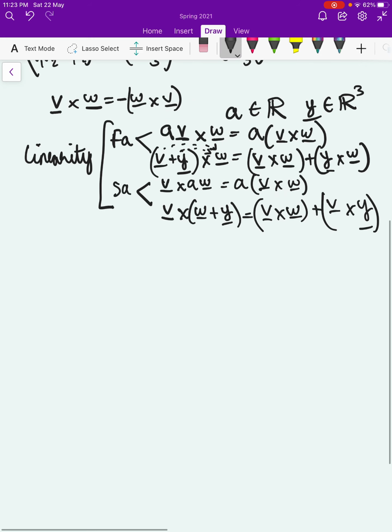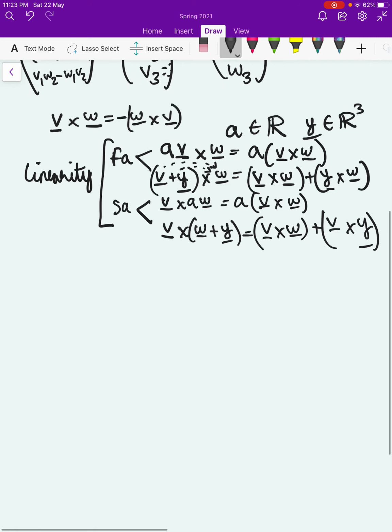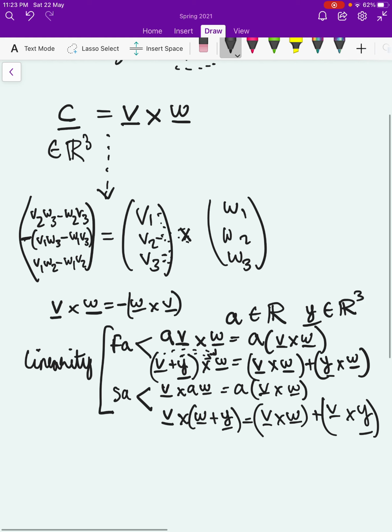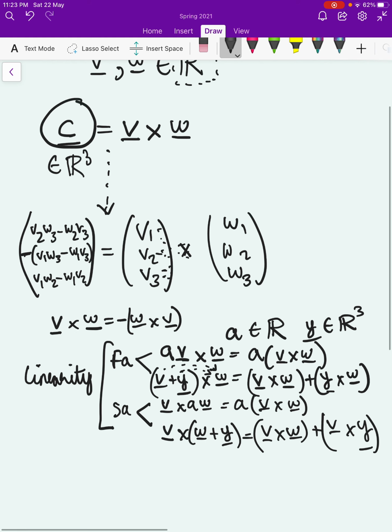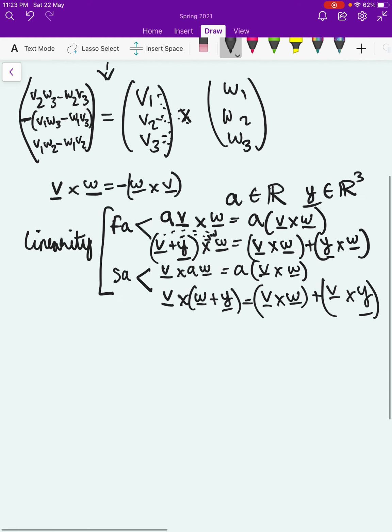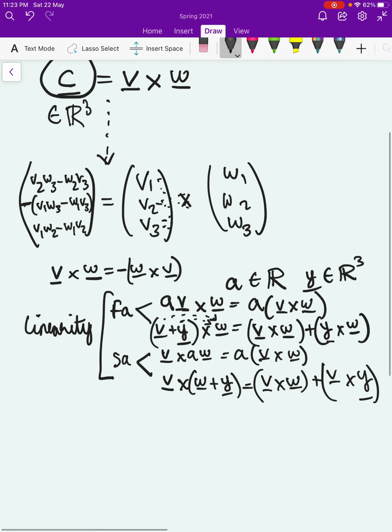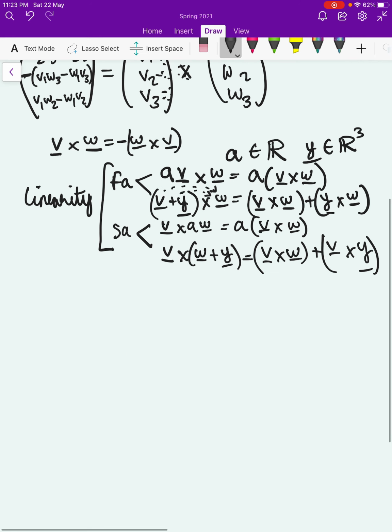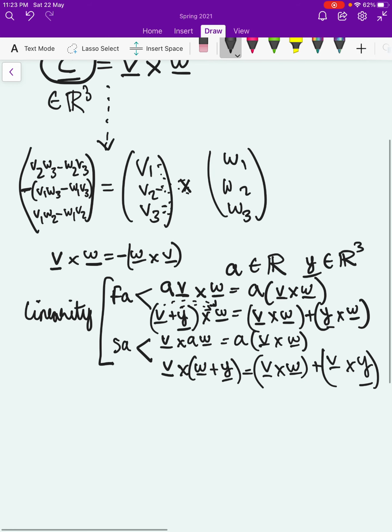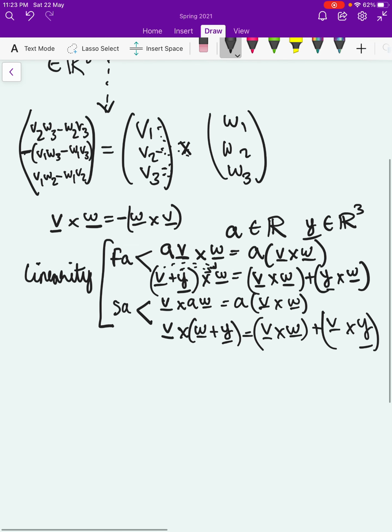And now some properties that we should probably mention is that the resulting vector c over here is going to be orthogonal to both v and w, meaning they're going to have a 90-degree angle between them.